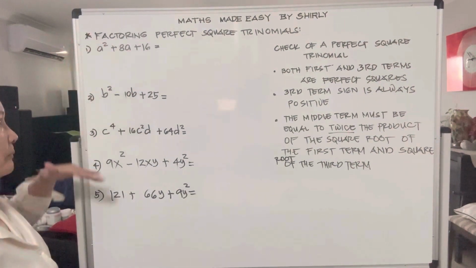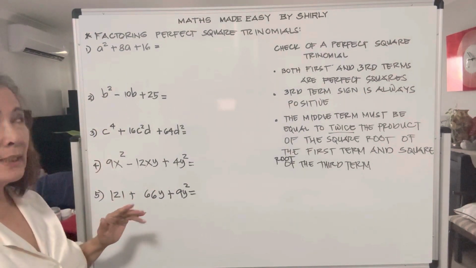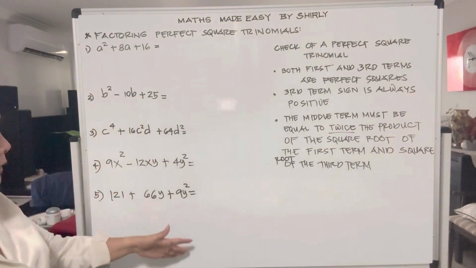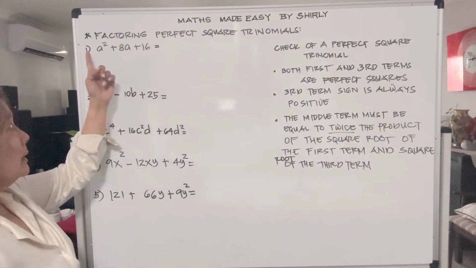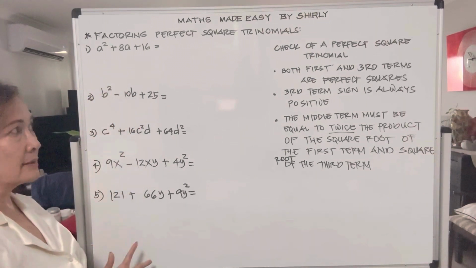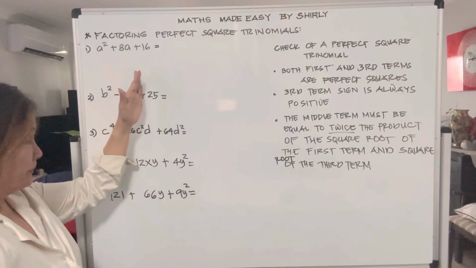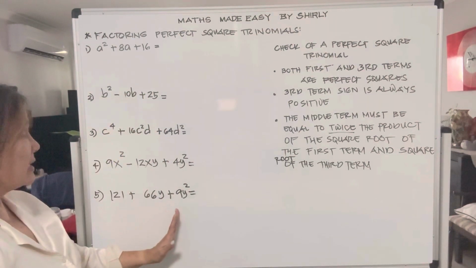I've given you here 5 perfect square trinomials. As you can see, all the first terms and the third terms are perfect squares. The last terms are all positive.